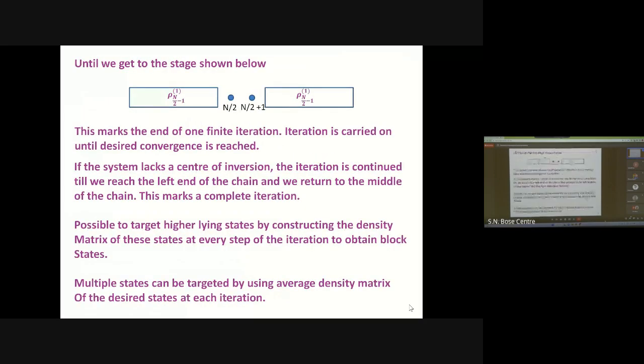When you finally reach this point, you have actually constructed new density matrices on the right side, so instead of the 0th order density matrices, I have the first iterated density matrix on both sides. Now I can continue the same way up and down and keep refining my density matrices for different sizes with each sweep. So if I do this with each sweep, then I get more accurate density matrices, and you can get much better accuracies in the energy eigenvalues.